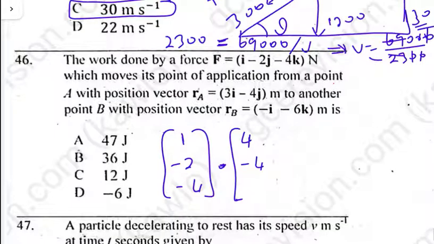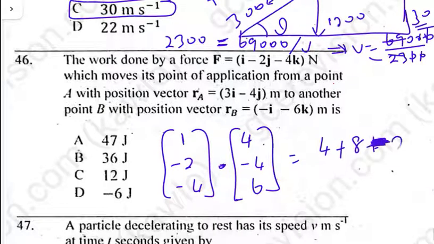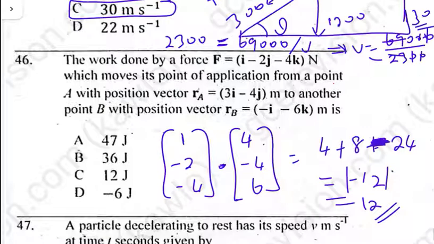And 3 minus 1 is 4. Minus 4 minus nothing is 0. 0 minus negative, so this is going to give us 6. So finally we have 4 plus 8, 4 plus 8 minus 24. Negative 12. But since it's work done, you take the absolute value, and that's going to give us 12, right? Okay, 12 joules.